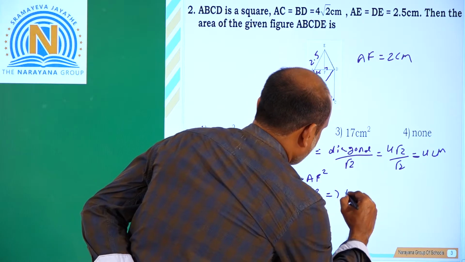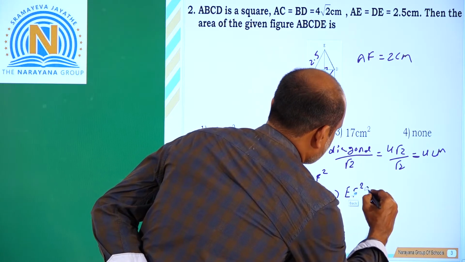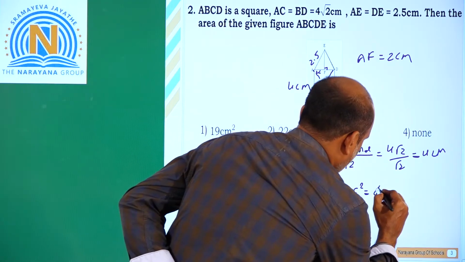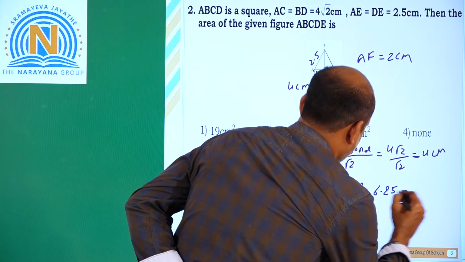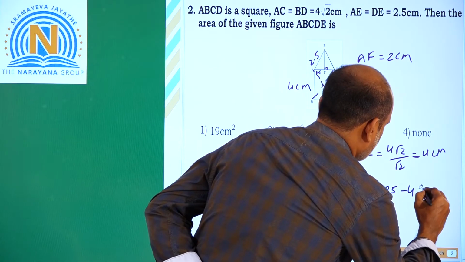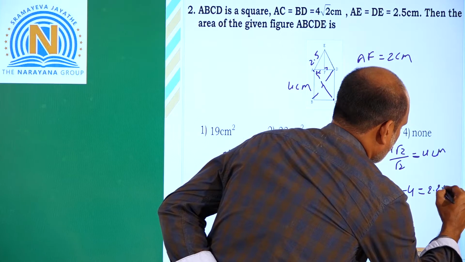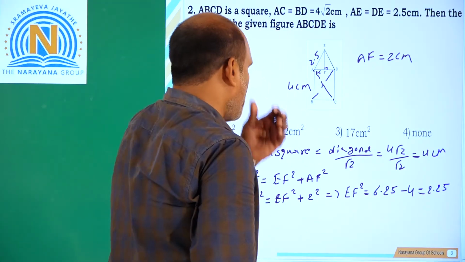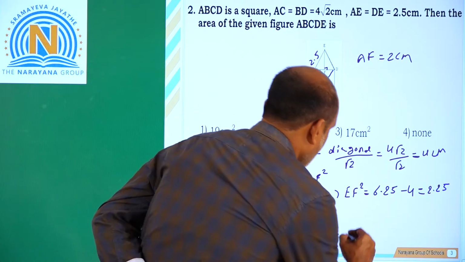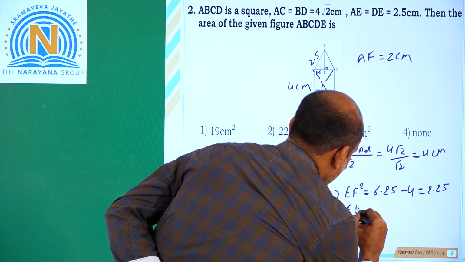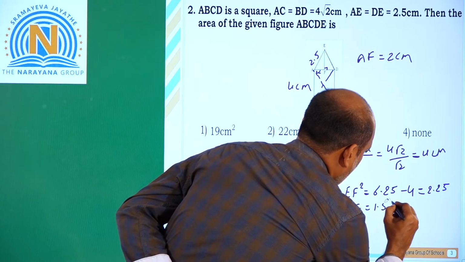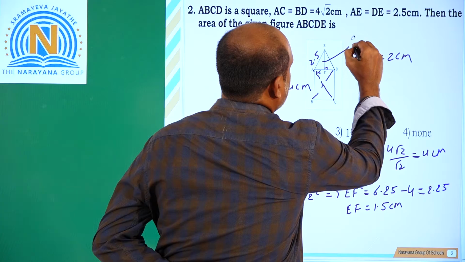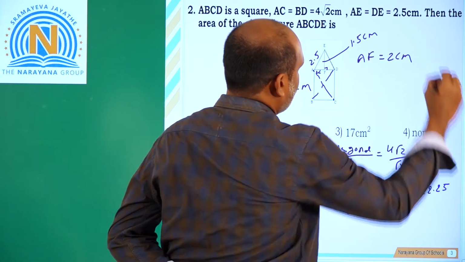That implies EF square is equal to 6.25 minus 4, that is 2.25. So EF is equal to 1.5 centimeters.